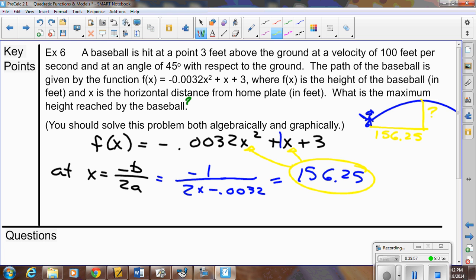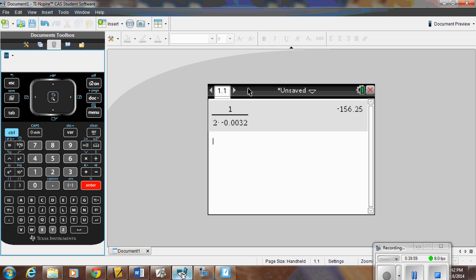So coming back, we have negative 0.0032 times 156.25 squared plus 156.25 plus 3. Just substituting x into our function.